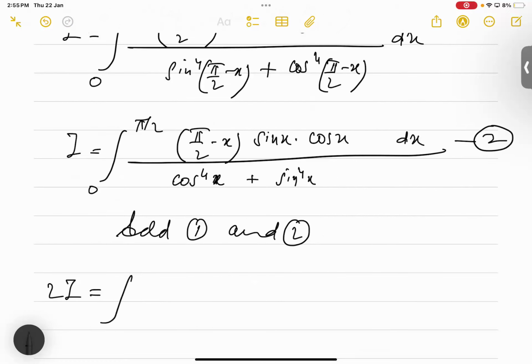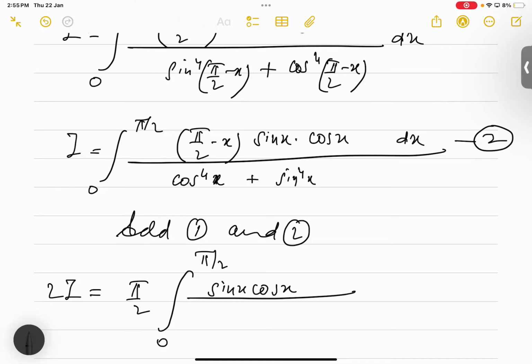In the numerator, you'll have to take sin x cos x common. So you'll get something like this when you add 1 and 2. Just tell me whether you're getting it or not. Okay.